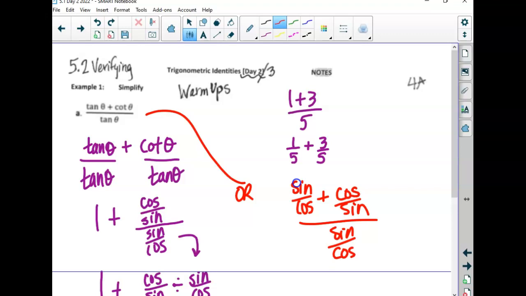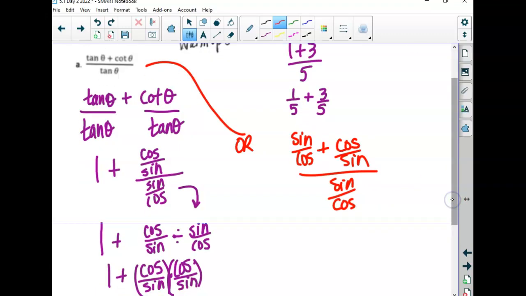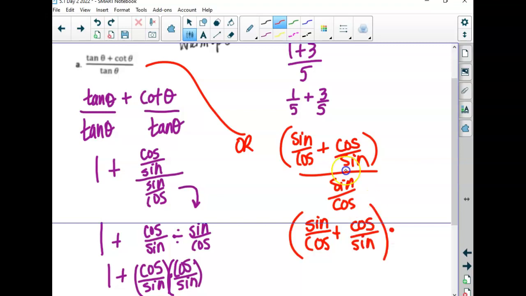Some of you? Okay. Because that's the go-to for a lot of people, is change everything to sines and cosines. If we said this top is being divided by the bottom, that would mean the top was being multiplied by the reciprocal of the bottom, which would make it cosine over sine. Okay, just trying this one a different way.